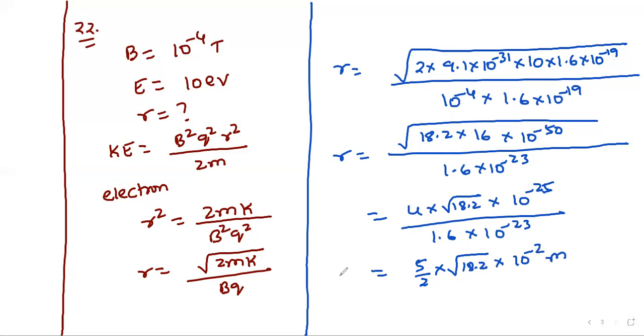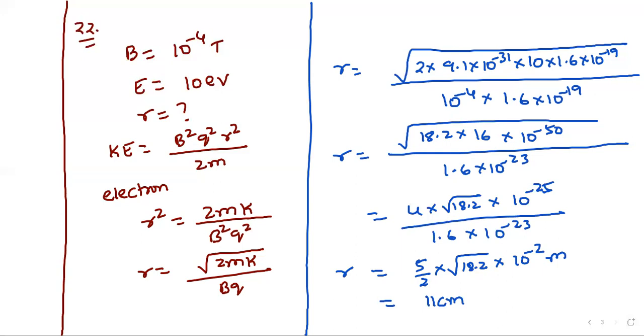Under root 18 means it is like 4.2. Now 5 into 4.2 means approximately between 10 and 11, so about 11 centimeter.